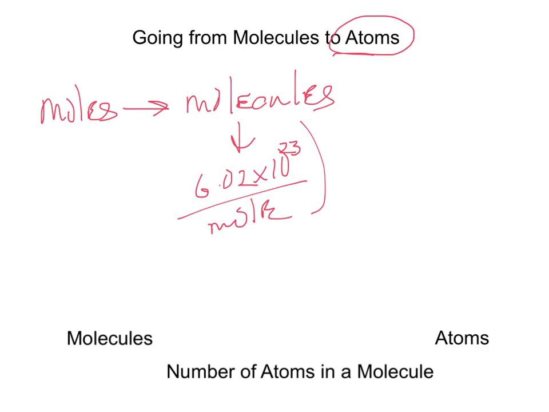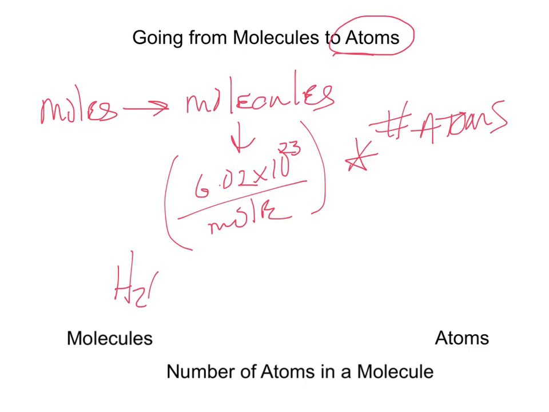Now I would then have to multiply this by the number of atoms in the compound. So if it was water, I count 1, and there's 2 there, that equals 3 atoms for each and every molecule.